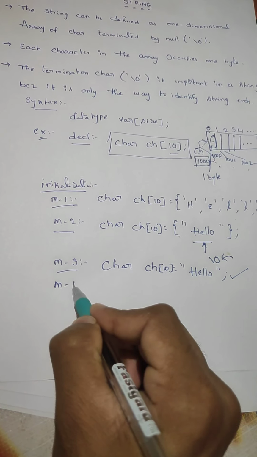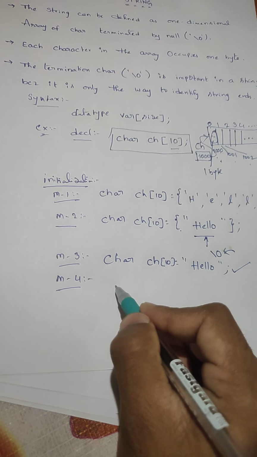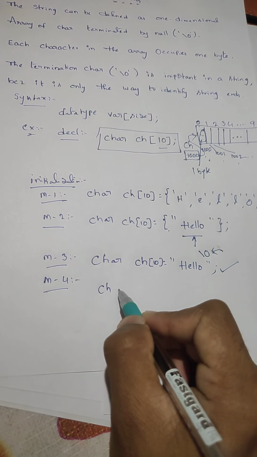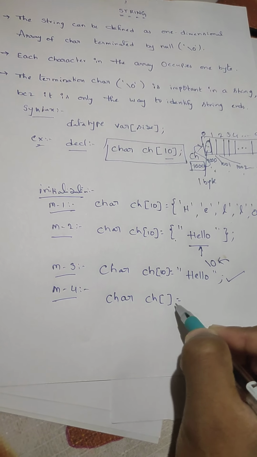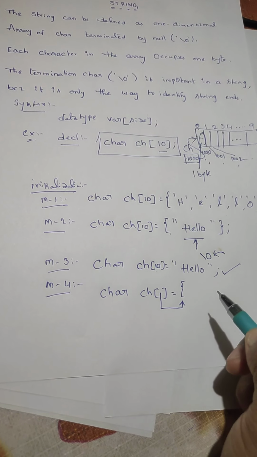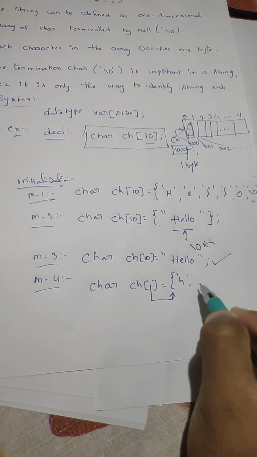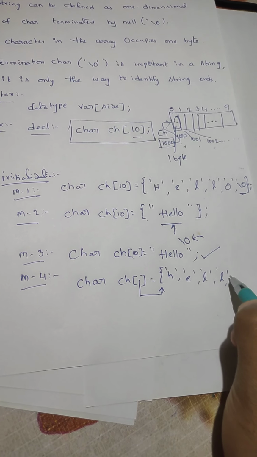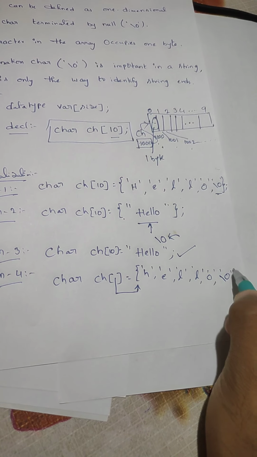Method 4: here I have not taken any size. Without taking the size, there is also a possibility to insert strings. Char ch, with no size, then immediate initialization is needed: char ch of is equal to h, e, l, l, o, and at the end of the characters place the \0.